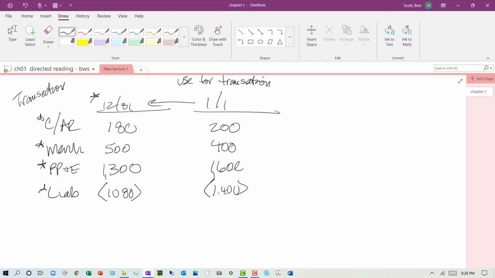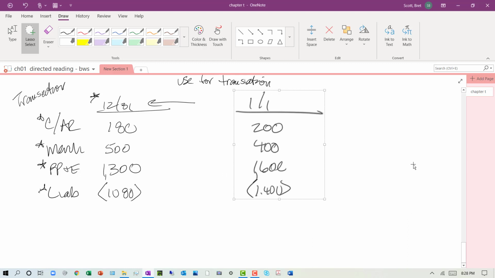So if I were to tell you, let me move this over so we can have some room to play. Okay, so let's say at 1/1, the current rate was 1.45.